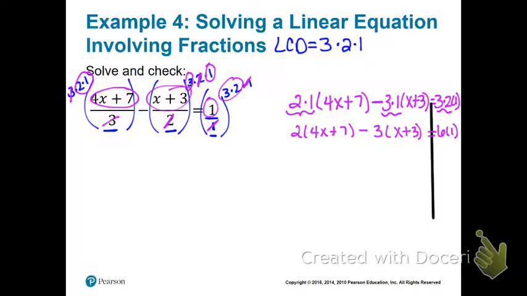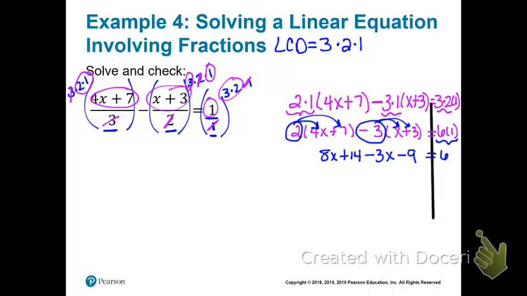Now on the left side here, we're going to distribute this 2 to its parentheses. So 2 times 4x is 8x. And 2 times 7 is a positive 14. Then we're going to distribute that negative 3 to its parentheses. So negative 3 times x is negative 3x. And negative 3 times positive 3 is negative 9. Equals, and over here 6 times 1 is 6.